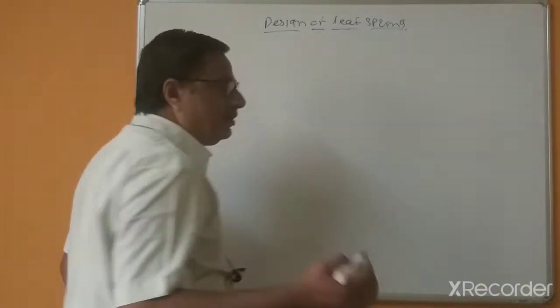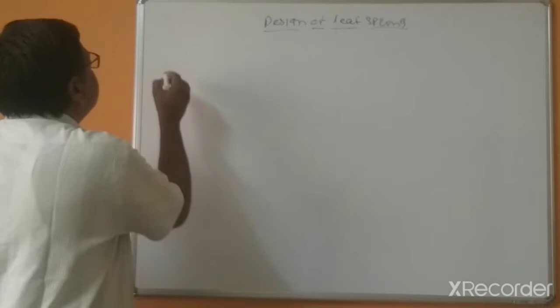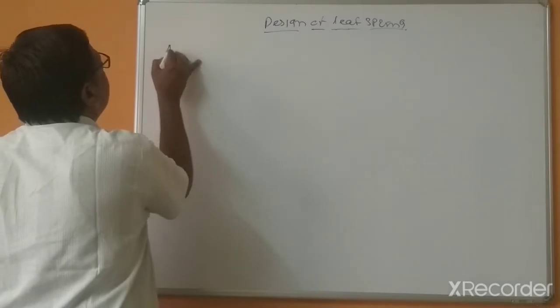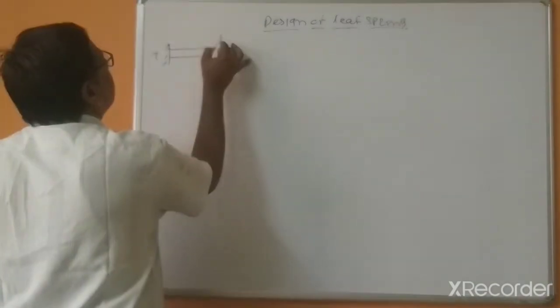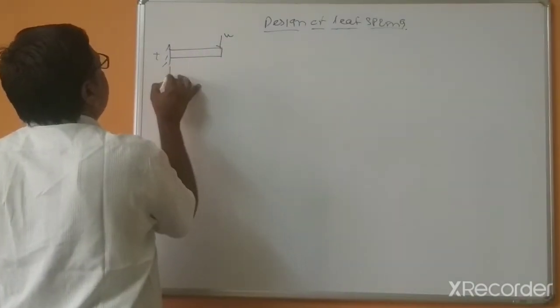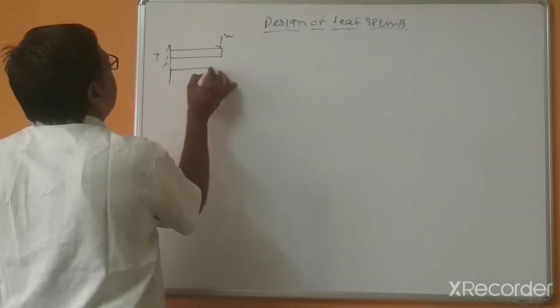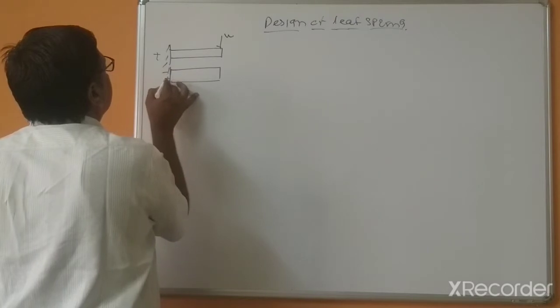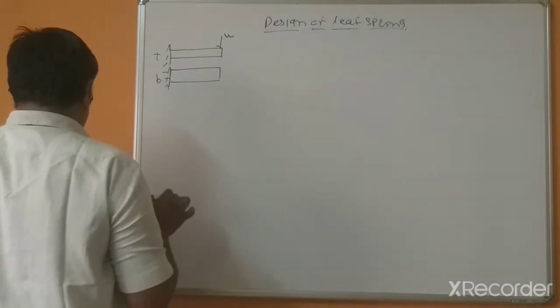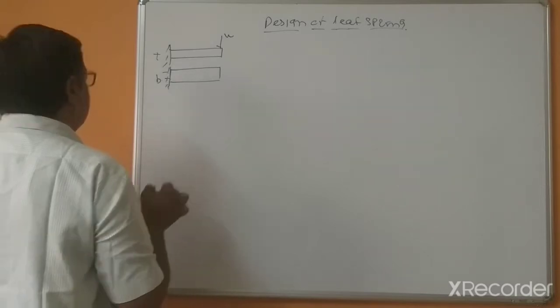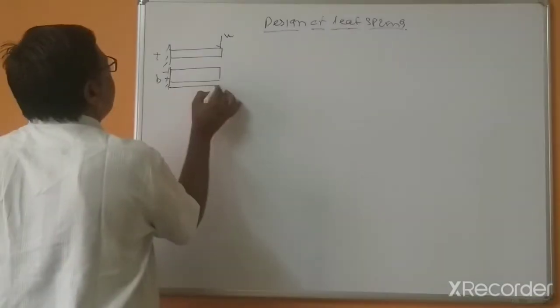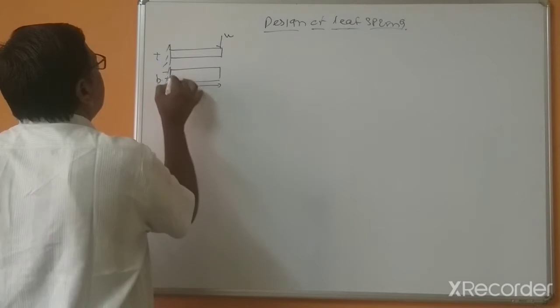For design, we consider this as a cantilever type of beam. t is the thickness, W is the load, and width equal to b, and L is the length.